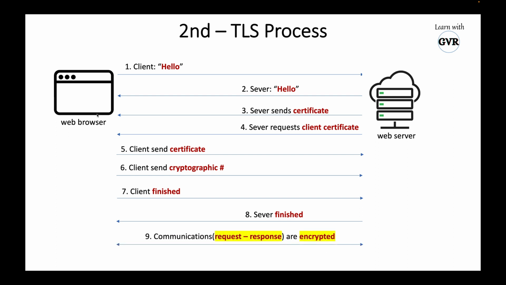After that, both parties will use this cryptographic hash value, and all the communications are encrypted using their own keys. Both the request and response are encrypted. This is how a typical TLS handshake process works, at a very high level.